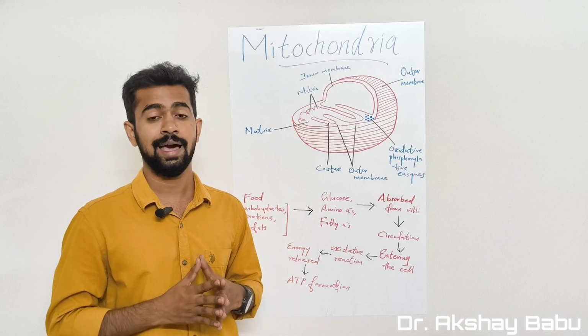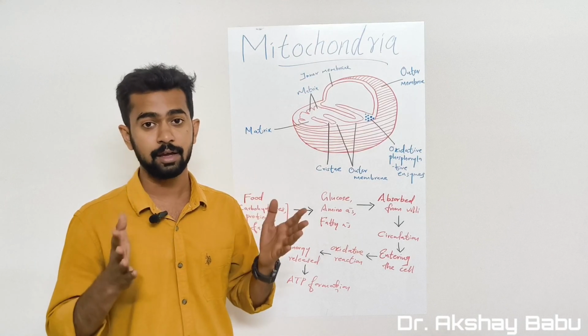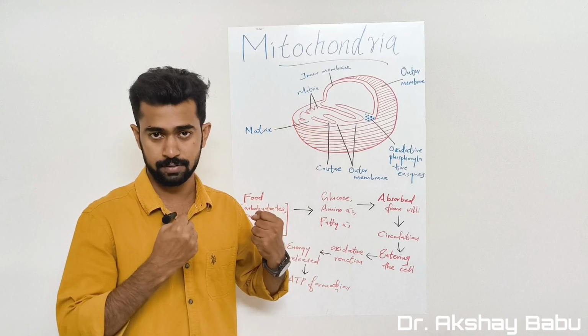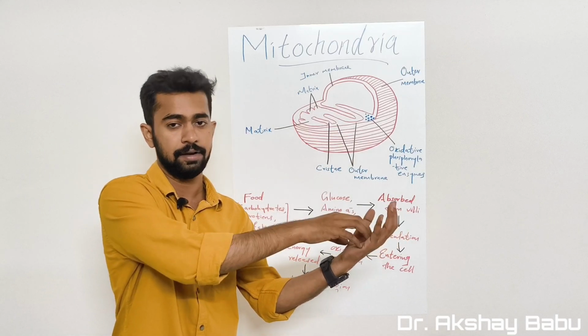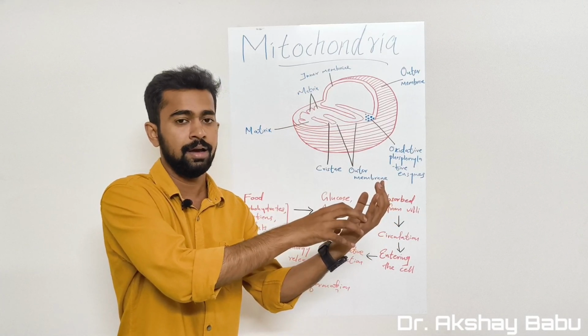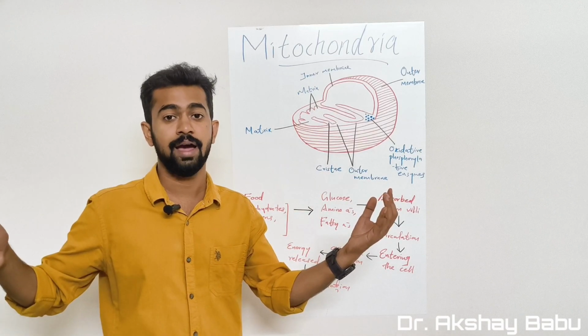The next function of ATP in cellular function is mechanical work, and it includes the contraction of muscles. Here, ATP will bind to the myosin head. When ATP binds to the myosin head, it will split into ADP plus Pi and energy.